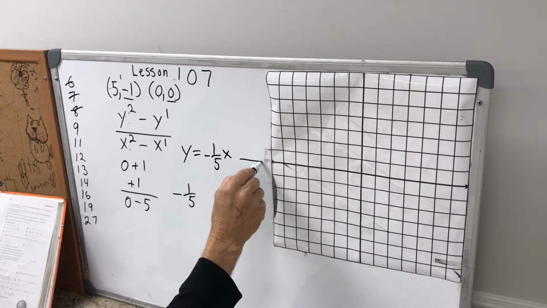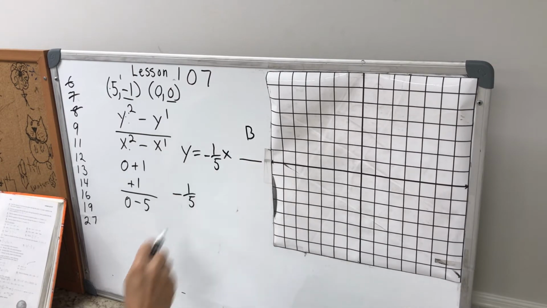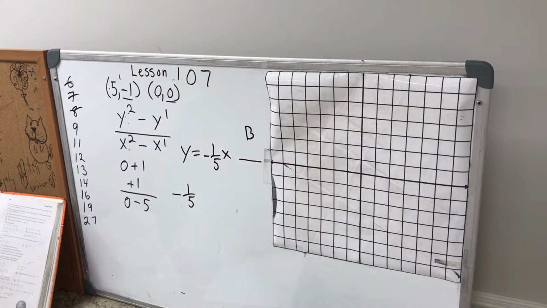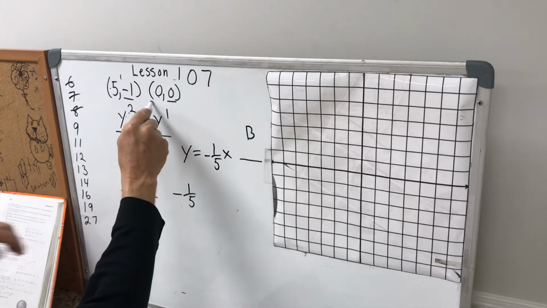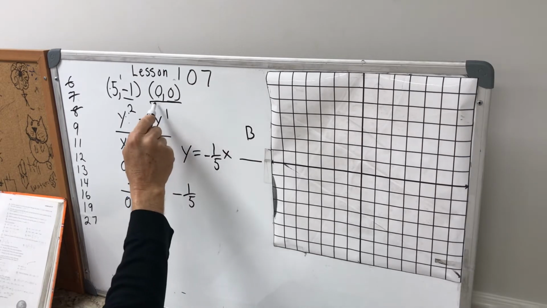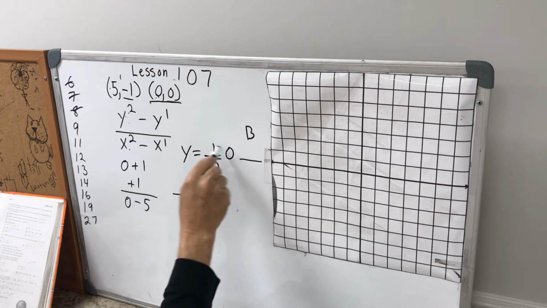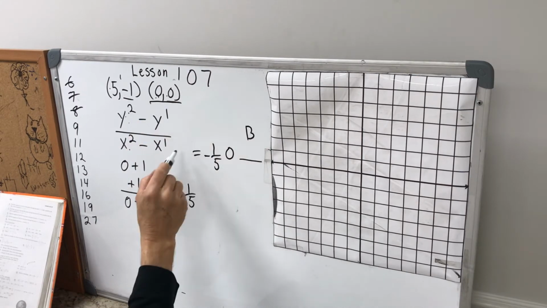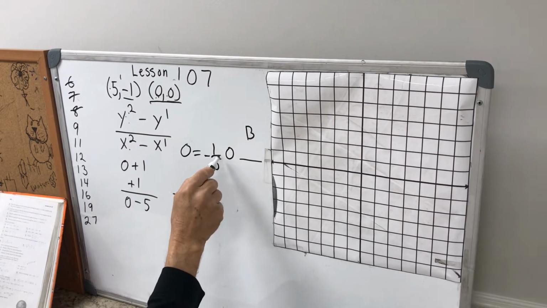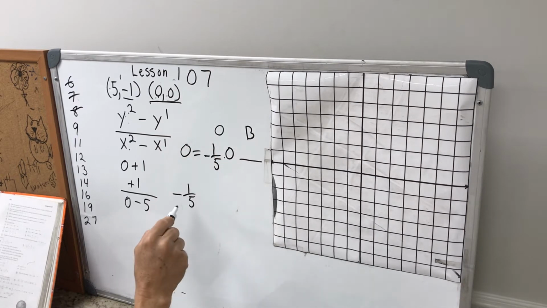Now we need to solve for the b position. So we substitute. If we substitute this ordered pair here, here is your x, 0. Put that 0 right here. And here is your y, 0. Now then, we multiply 1/5 times 0 is 0.